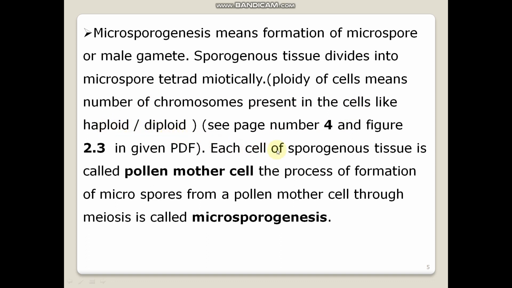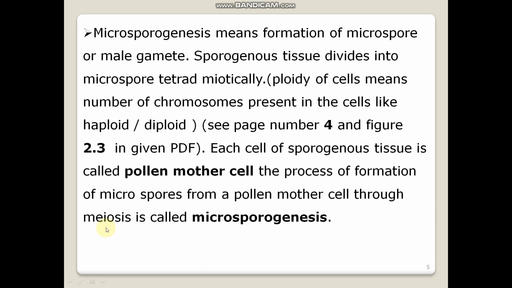See page number 4 and figure 2.3 in the given PDF. Each cell of the sporogenous tissue is called a pollen mother cell. Why pollen mother cell? Because it forms the pollen grains, right? The process of formation of microspores from a pollen mother cell through meiosis is called microsporogenesis.